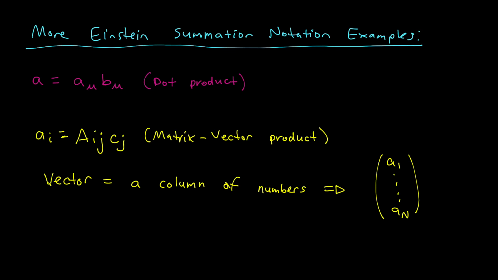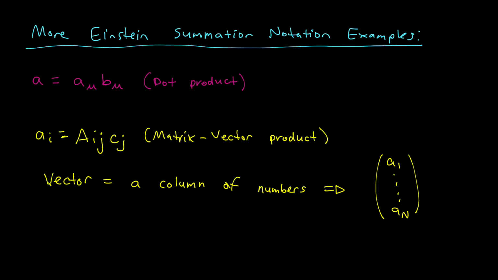For example, you can tell that the result of a dot product is a scalar because it has no indices. You can tell that a_i is a vector for the matrix vector product because it has one index. If the element has two indices, then it'll be a matrix. For three or more indices, it is what is called a tensor, and a tensor is a multidimensional array of numbers.